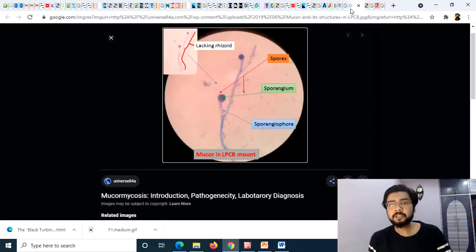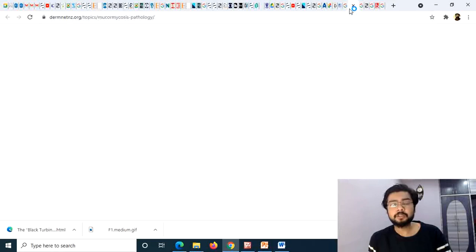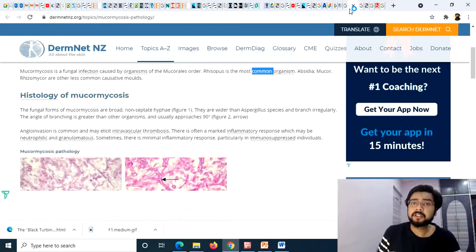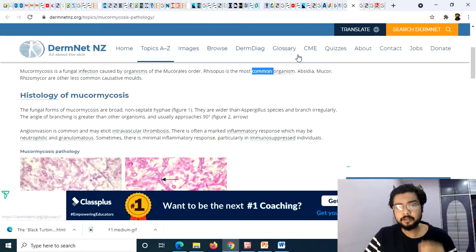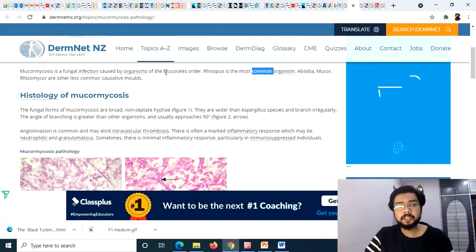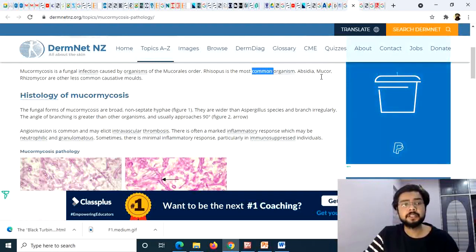Now I want to show you how these look and how you will differentiate Mucor from Rhizopus, Absidia and Aspergillus. In mucormycosis, as we already said, the order is Mucorales, Rhizopus is the most common organism, and the others are Absidia and Mucor.